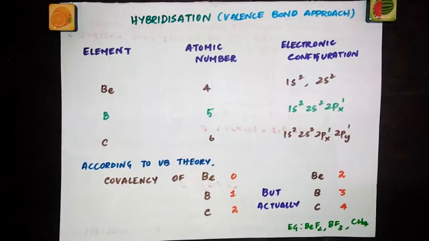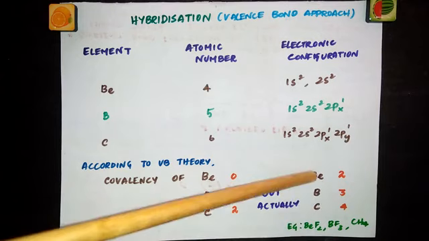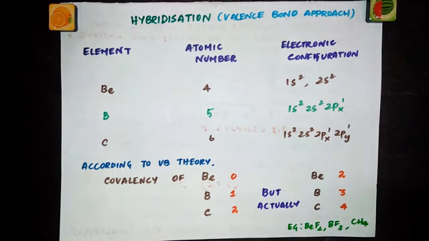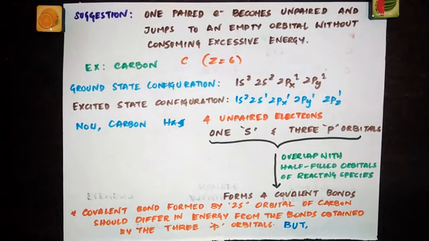To explain these exact covalencies of these elements, it was suggested that one paired electron becomes unpaired and jumps to an empty orbital without consuming excessive energy. For example, let's take carbon.